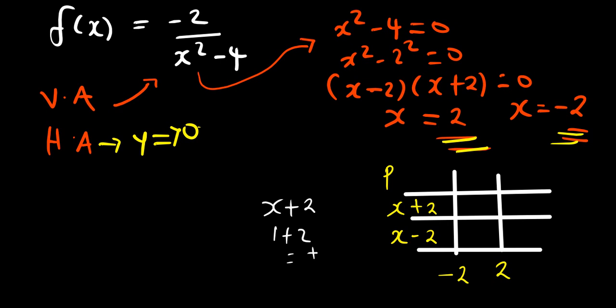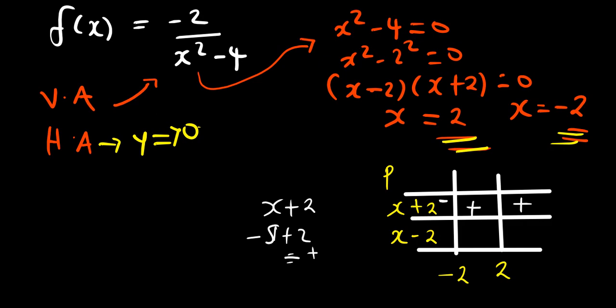So this one will give you positive numbers when you're going in this direction. Then when you get a number that is less than negative 2, a number like negative 5, you put negative 5 here, you have a negative number here, right?